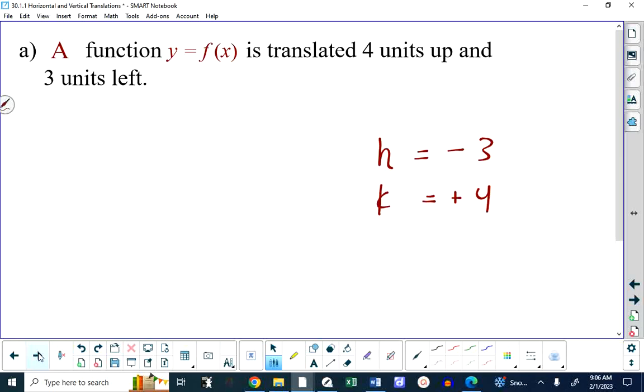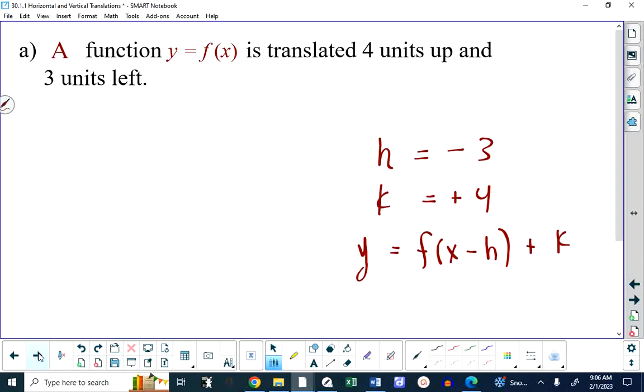Which means when you use this template, which by the way is on your formula sheet, I don't want to give you the formula sheet yet, because there are other things with it. It's not just that, it's got other letters in it.